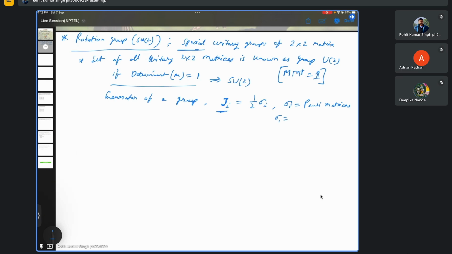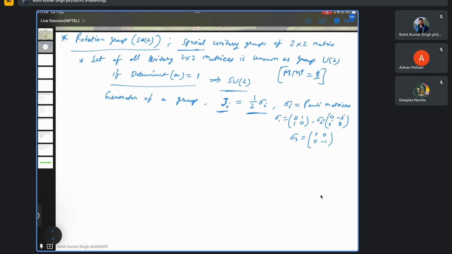Sigma 1 is 0 1, 1 0, sigma 2 is 0 -i, i 0, and sigma 3 is 1 0, 0 -1. Basically these are the generators of this rotation group SU2.